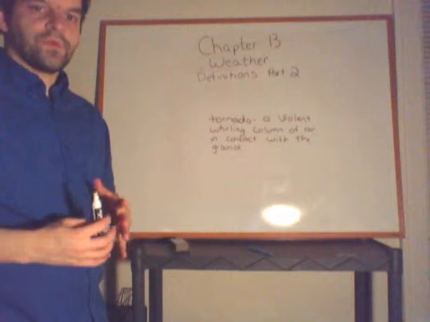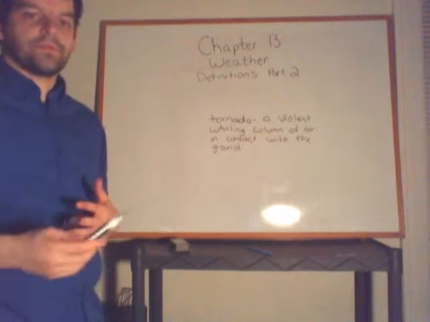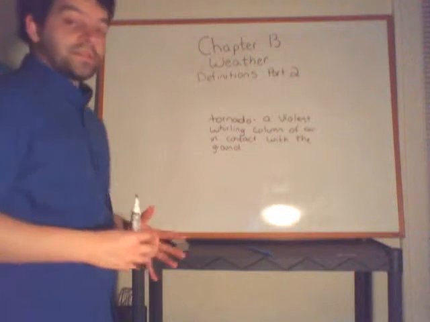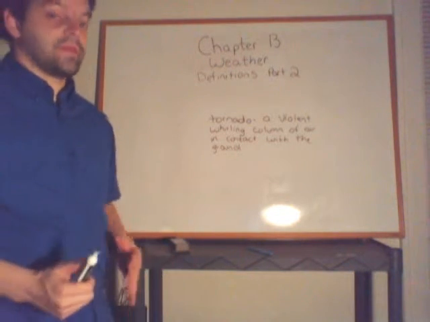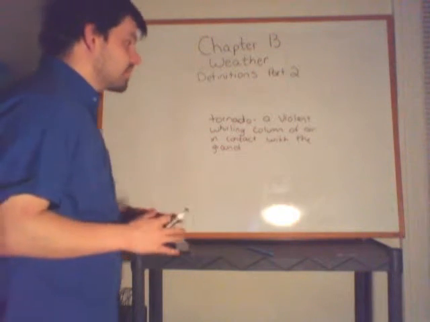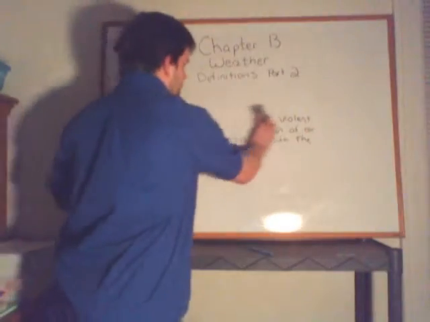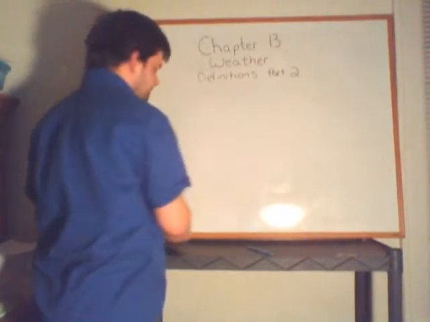So we're kind of pretty familiar with tornadoes. You know, they're the circulating column of air that, to be honest, they look fascinating, but they at the same time can be extremely dangerous. But they are a really cool phenomenon to observe. Let's look at our next definition.